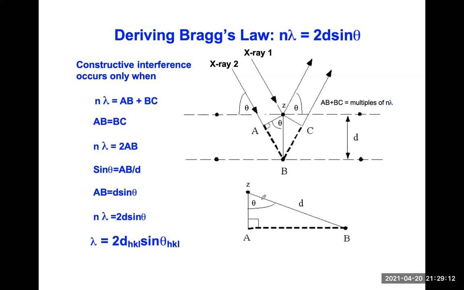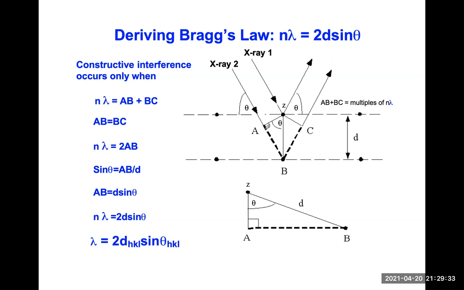This is the same thing we just said. It's a little bit confusing, the relationship of this triangle to this diagram, but here's point A, point B, and point Z. So we're just trying to get at d sine theta.